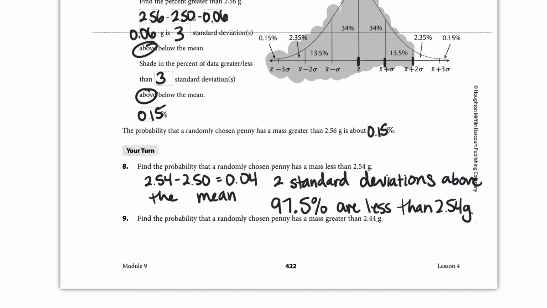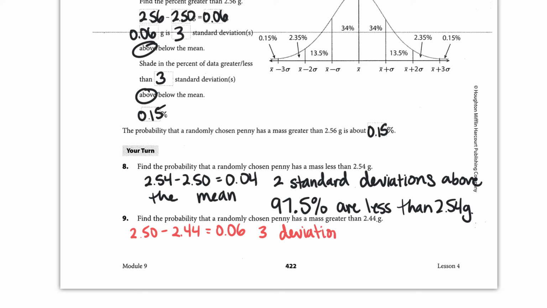Find the probability that a randomly chosen penny has a mass greater than 2.44. Take the mean, find the difference, which is 3 deviations below, and we're looking for greater than that.